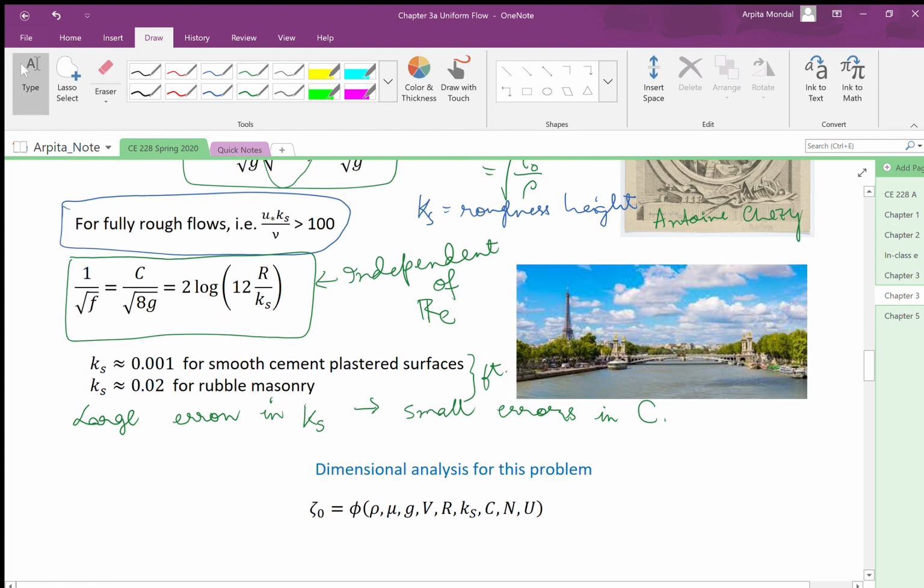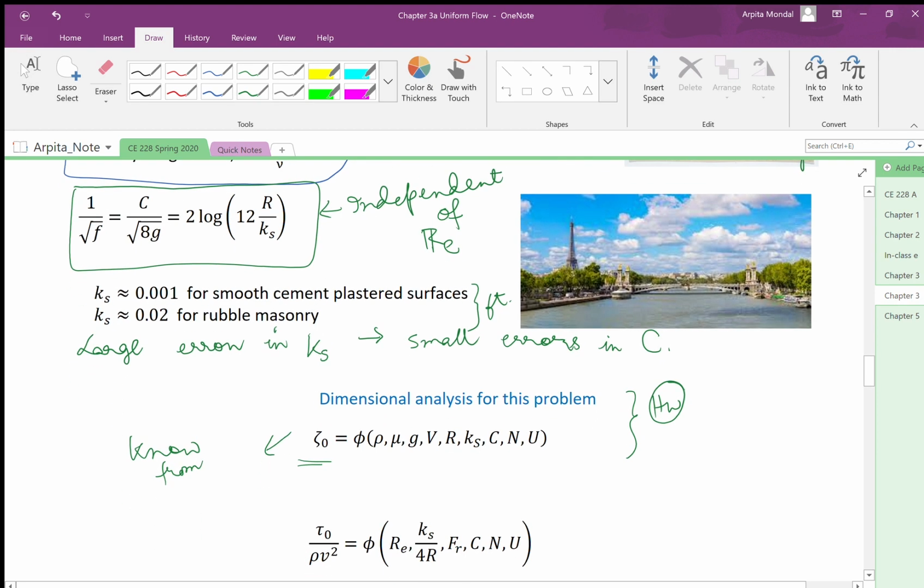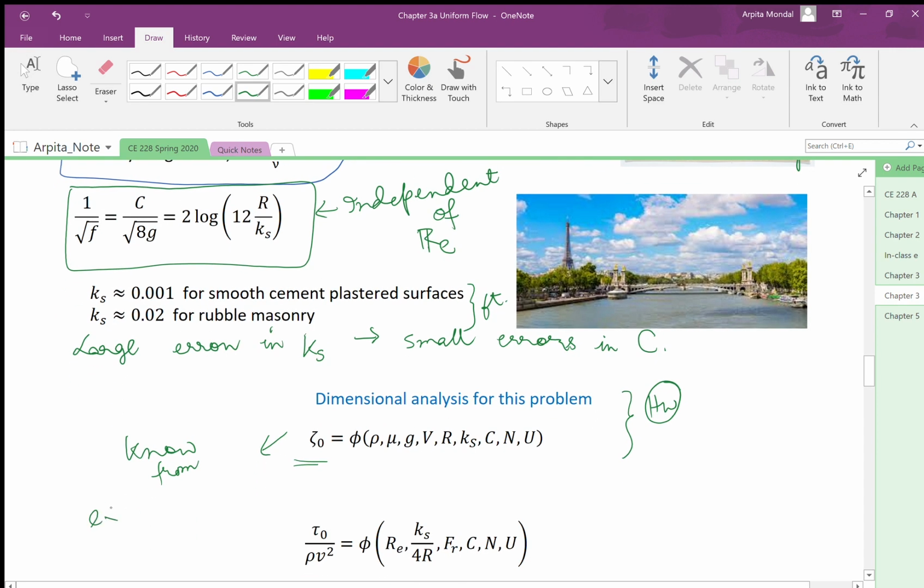Now let us look at this problem from a dimensional analysis perspective. And this is a homework for you. So we have tau naught, the shear stress, is a function, and this we know from experience and physics.